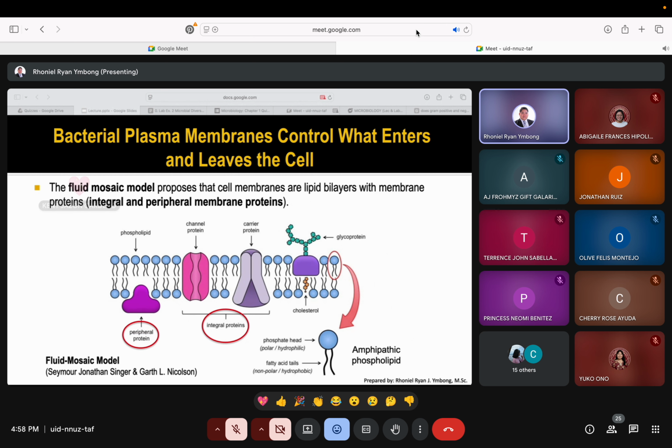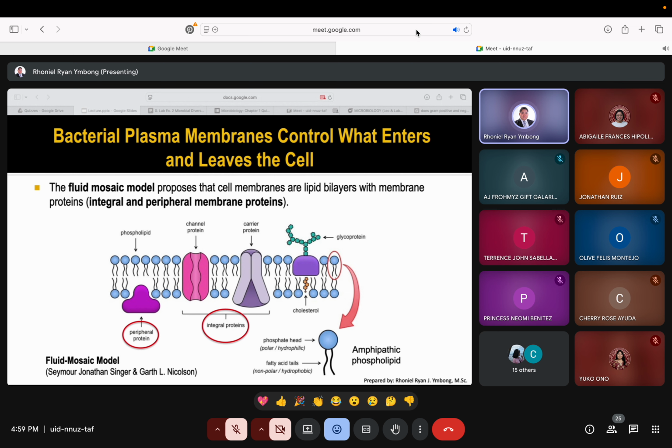When you say amphipathic, that means that there are two ends of your phospholipid that are quite opposing in terms of their affinity to water molecules, because one end of your amphipathic phospholipid is hydrophilic, meaning water loving, and the other end is hydrophobic, or non-polar, or they do not like water molecules.